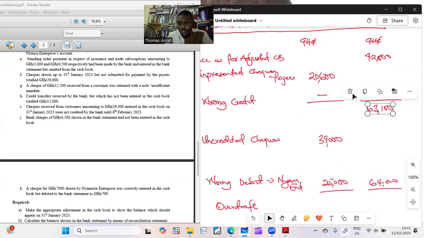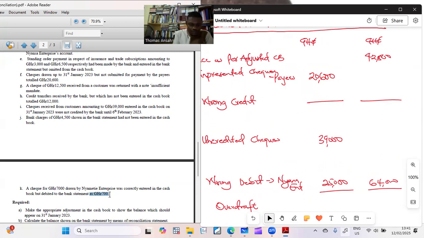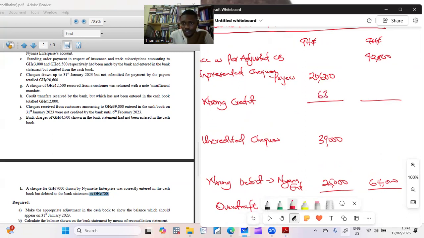I don't need to go as far back. So it means that they were supposed to debit your account with 7,000, but they debited it with 700. What is the difference? That is 6,300. So there is actually a wrong credit of 6,300. That's an error of the bank resulting in an increase.